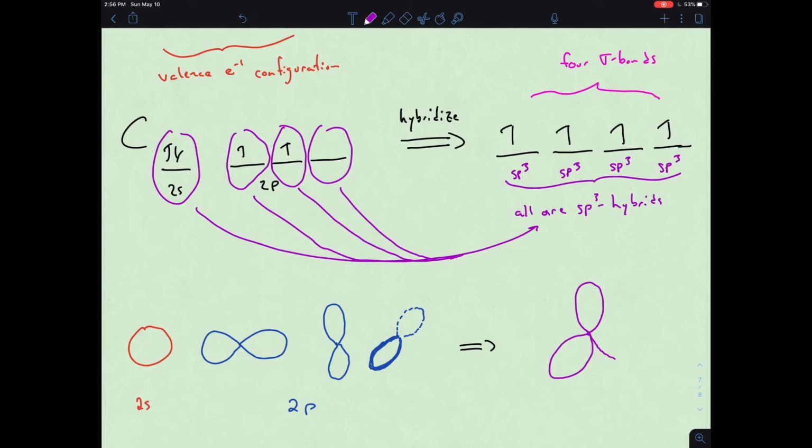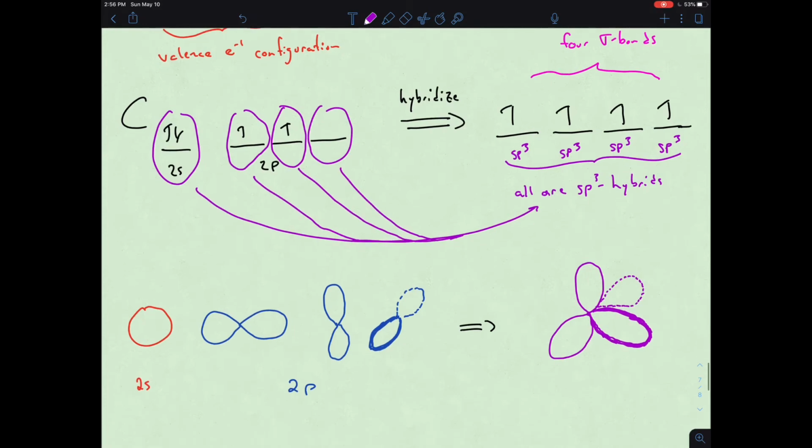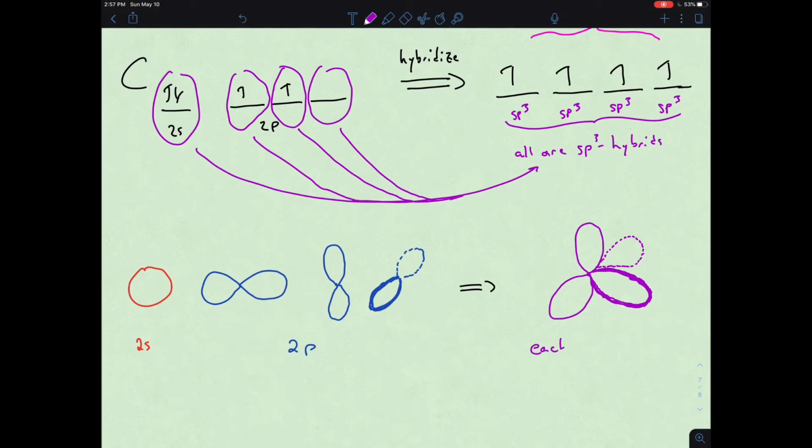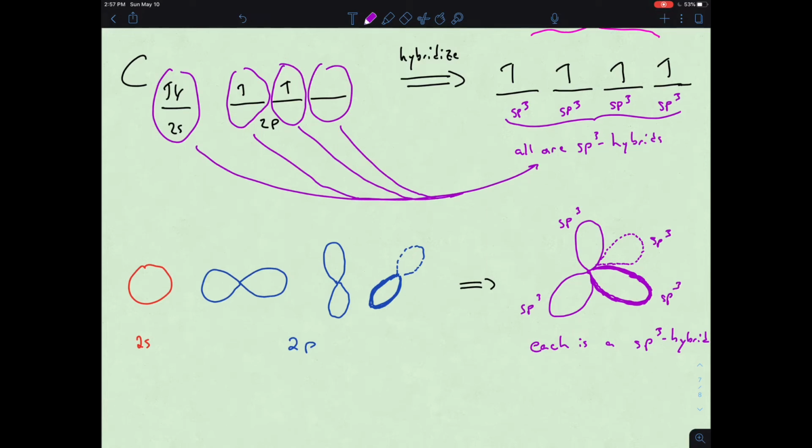We have 1 lobe that's coming out at us, and then we also have 1 lobe going away from us. Right, and so each is an sp3 hybrid. And each one's now going to have an electron within it.